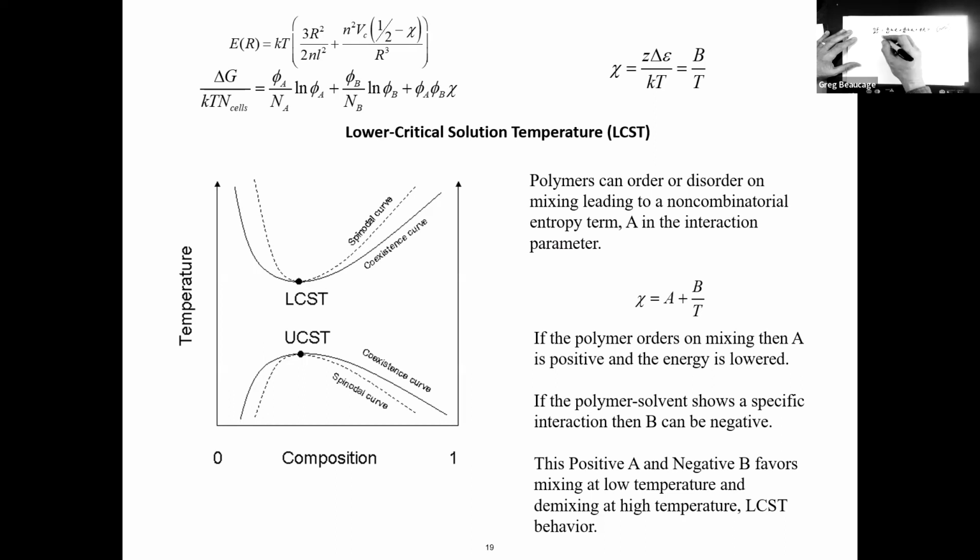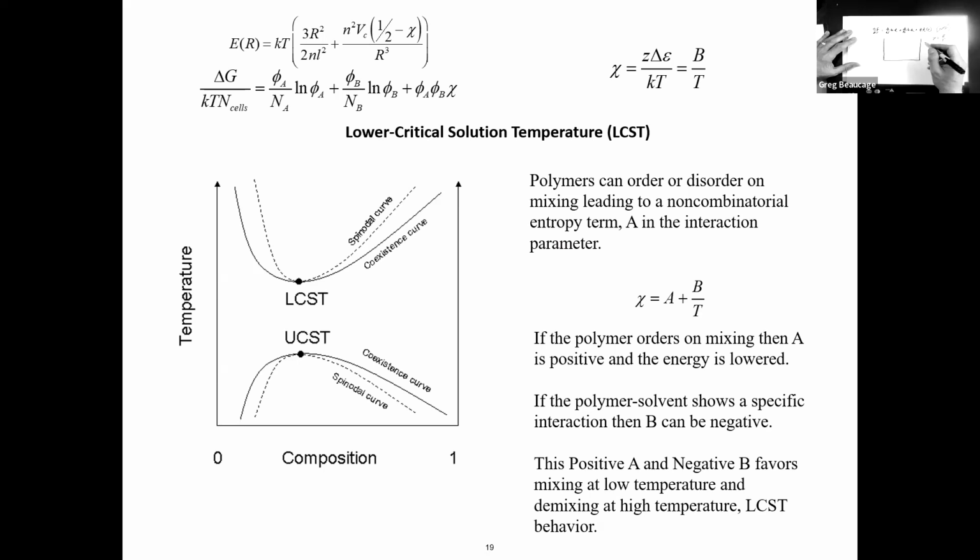So if you plot that equation as a function of composition, it depends on what the value of chi is. And chi equals B over T. This is some number over temperature, like the energy over temperature. Right. So when you're at low temperature, chi has a big value, and then it dominates this thing.